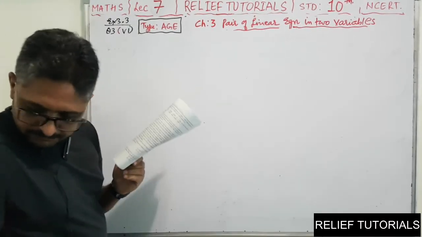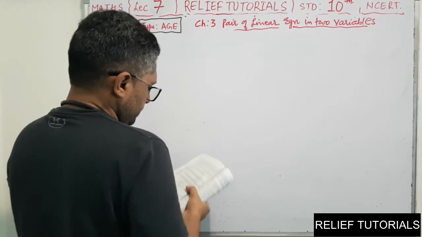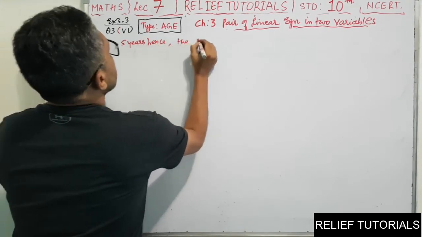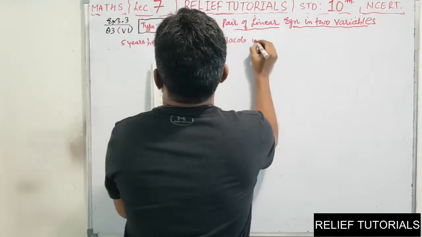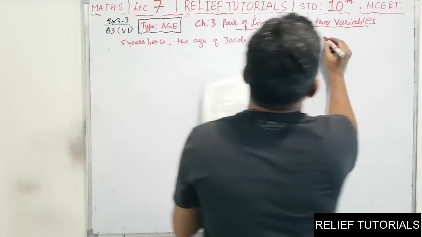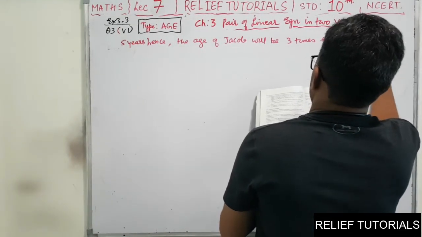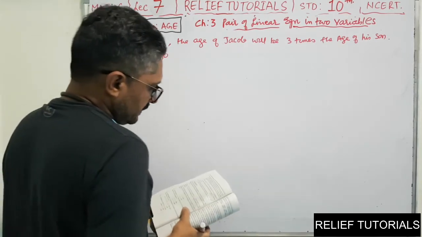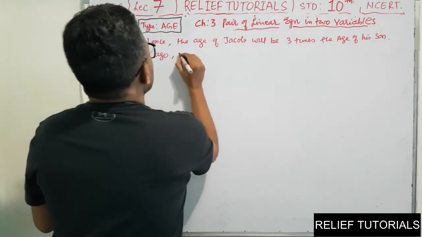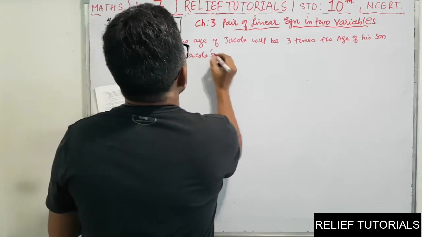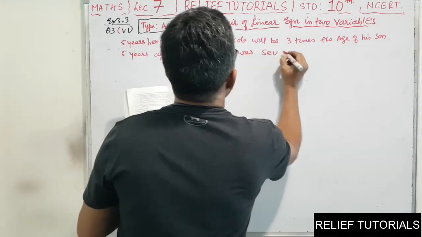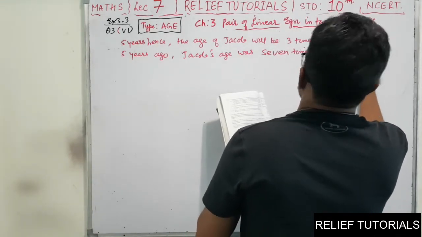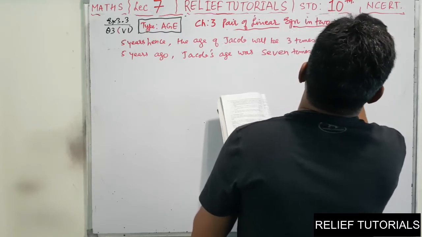Our question: 5 years hence, the age of Jacob will be 3 times the age of his son, and 5 years ago, Jacob's age was 7 times the age of his son. Find the present age.